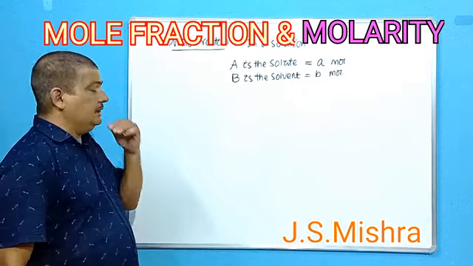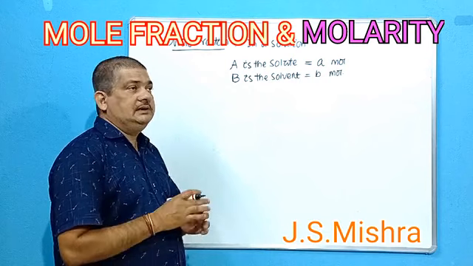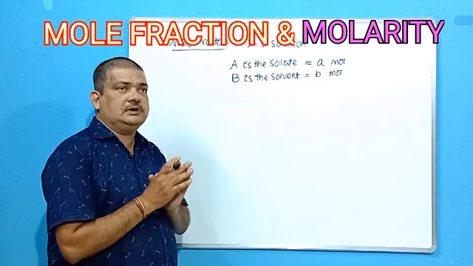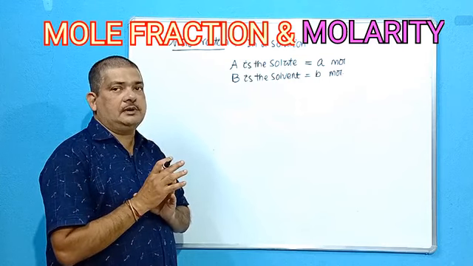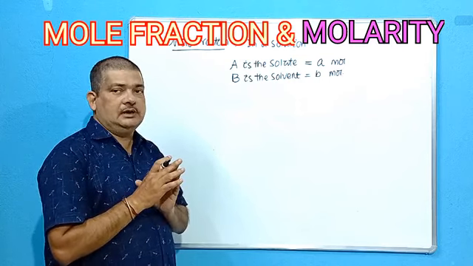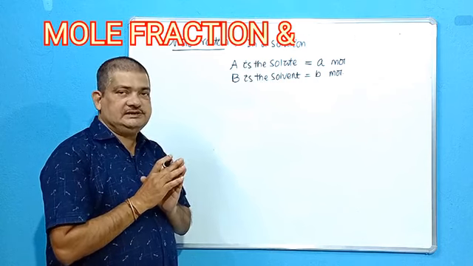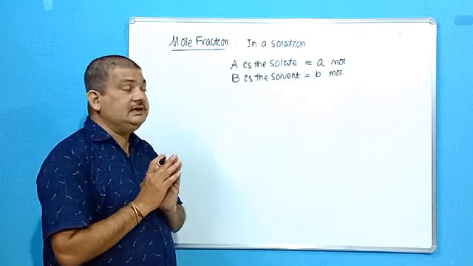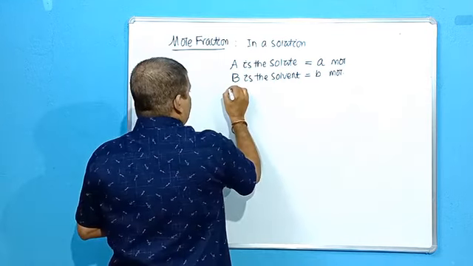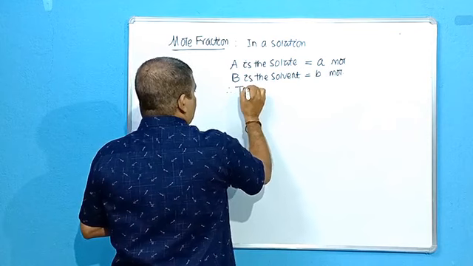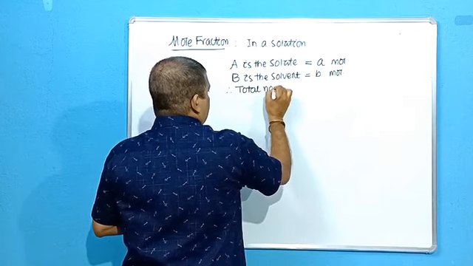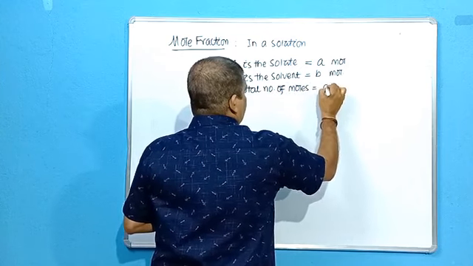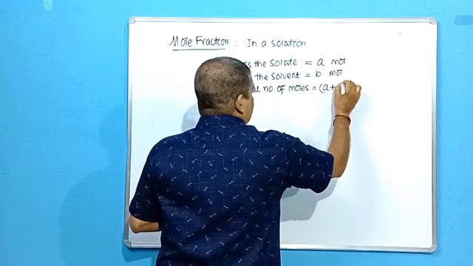Then I told you how to calculate the mole fraction. The mole fraction is defined as the ratio of the number of moles of one component to the total number of moles present in the solution. So here the total number of moles is equal to A plus B.